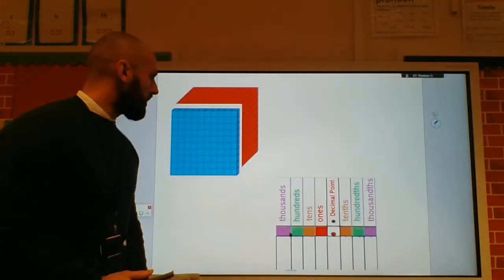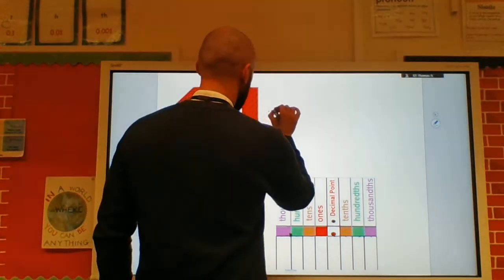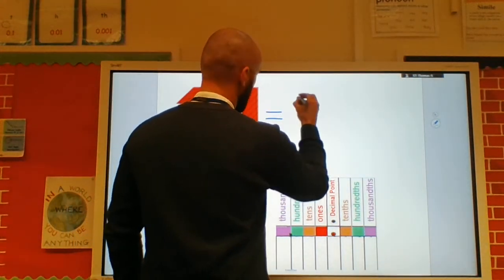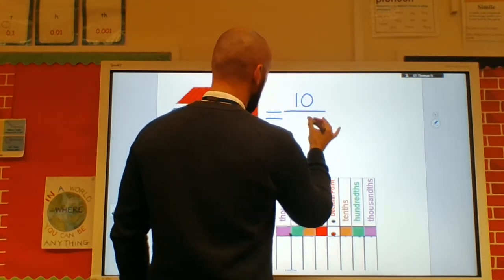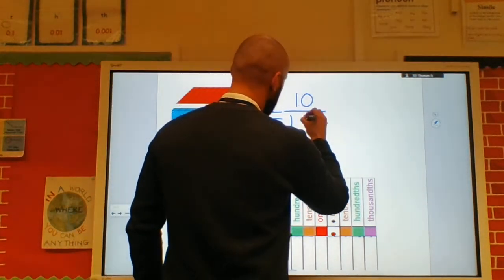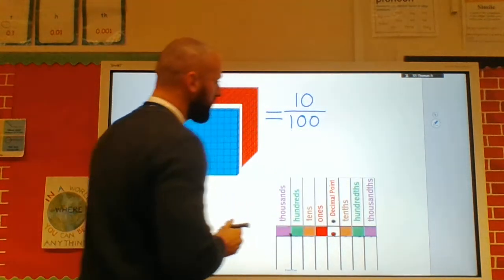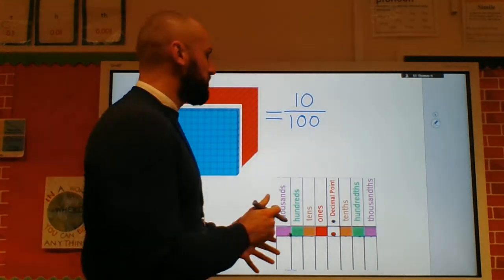Let's take a look. So there it is. There's my 10 hundredths. I can write this a couple of ways actually. I'll come back to that. But it's 10 hundredths from the way we've been counting. Well, again, I can simplify this by dividing by 10.